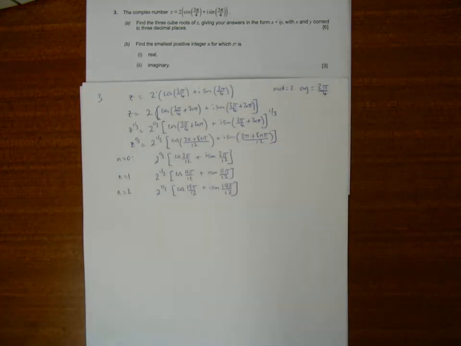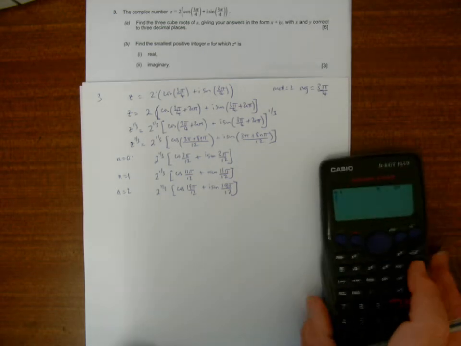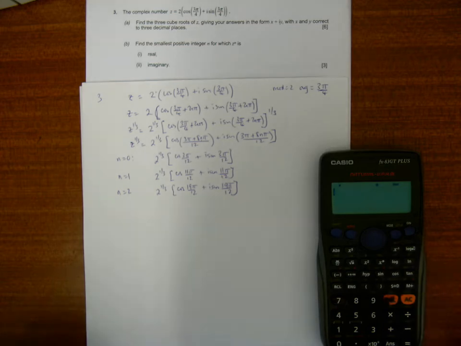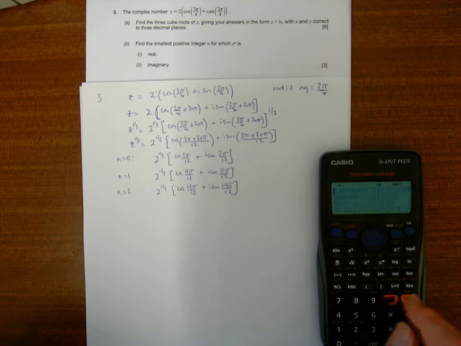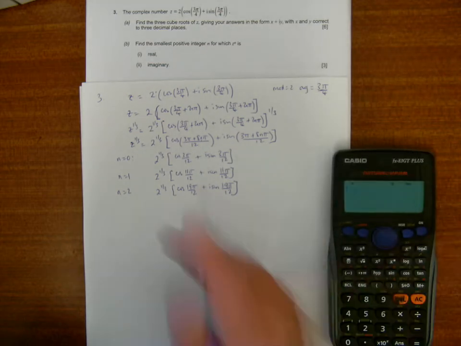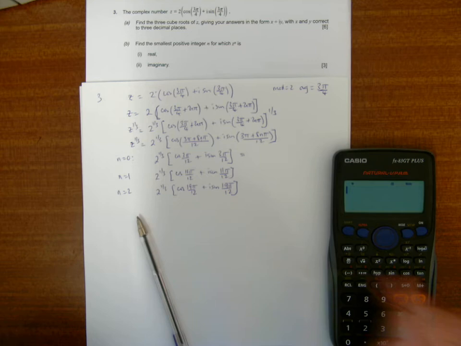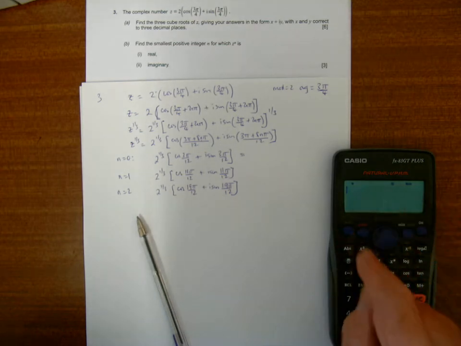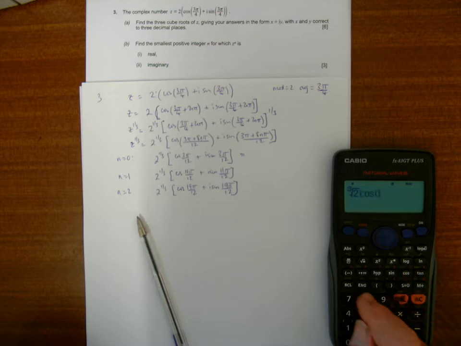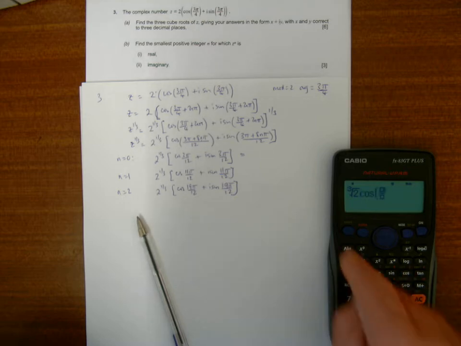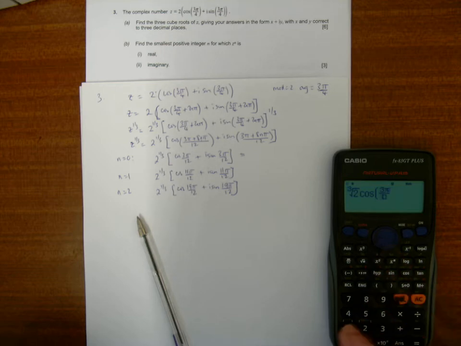Right, I need to work these out to 3 decimal places. I'm in radians here, so I need to make sure the calculator's in radian mode, so I'll put that into radian mode. Okay, so this one here is going to be 2 to the 1/3, that's the cube root of 2, times the cos of 3 pi over 12.